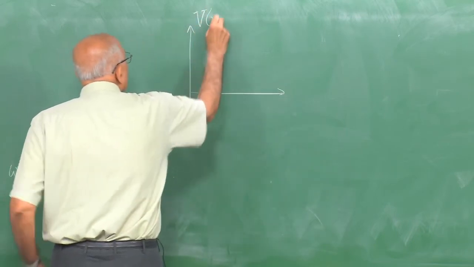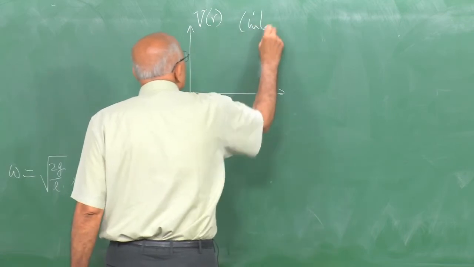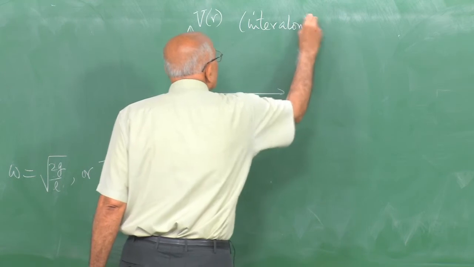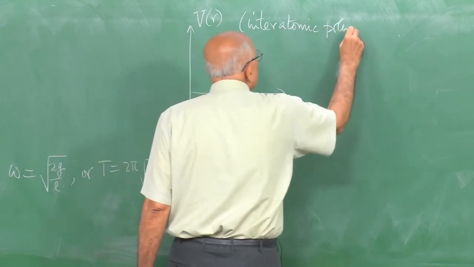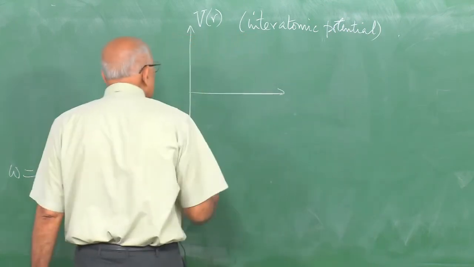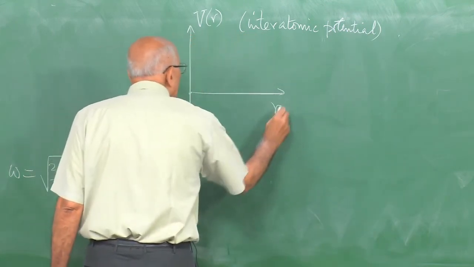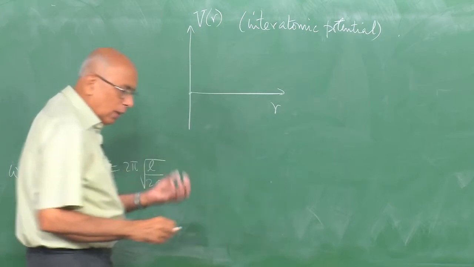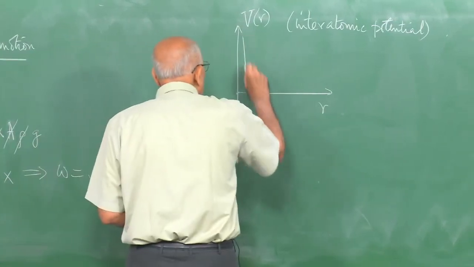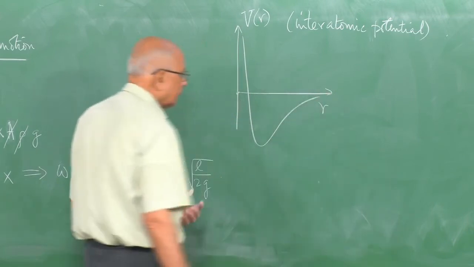the V of r, which is an interatomic or intermolecular potential, in suitable cases has the following shape. As a function of the radial distance from one atom taken to be at the origin of coordinates, this potential has a shape which looks like this.